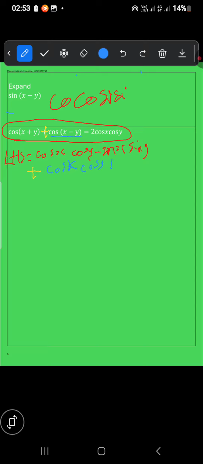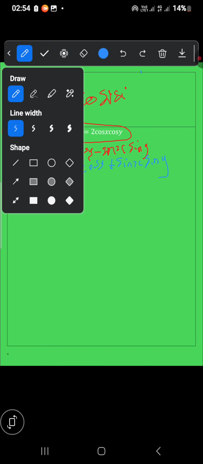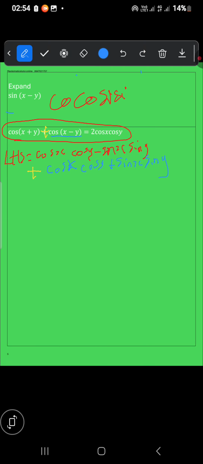And plus sine x sine y. Now I just have to look at the like terms. So if you look at this one here, this is negative sine x sine y. This is positive sine x sine y.